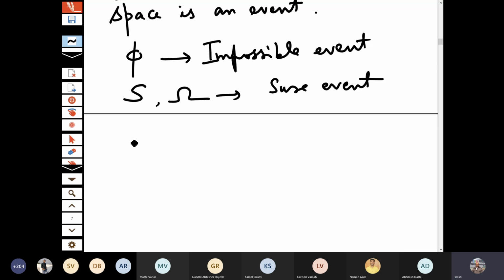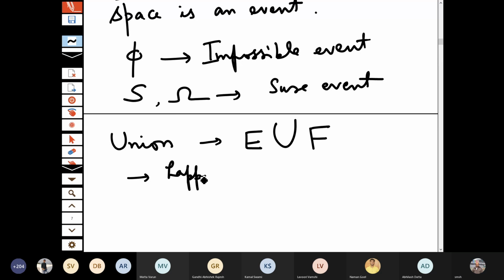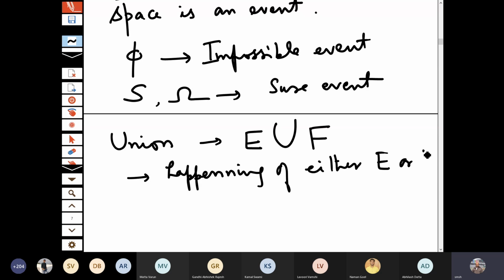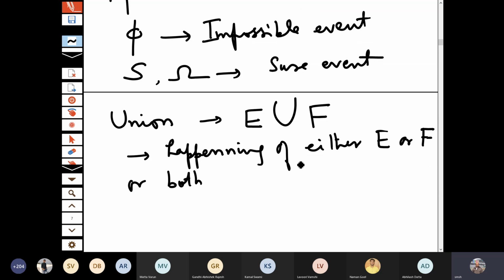Then you have the concept of union. If E is an event and F is an event, so these are sets, then E union F denotes a set. This means happening of either E or F or both. Now we can extend this concept.